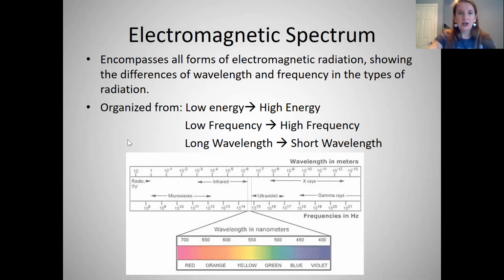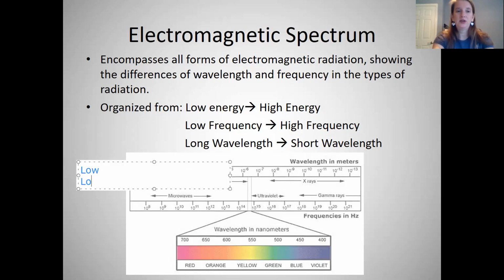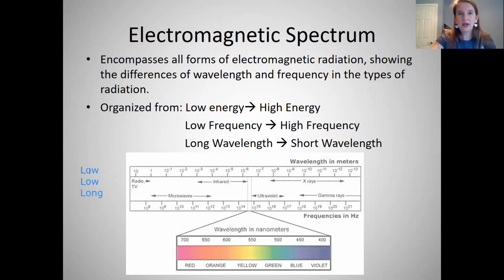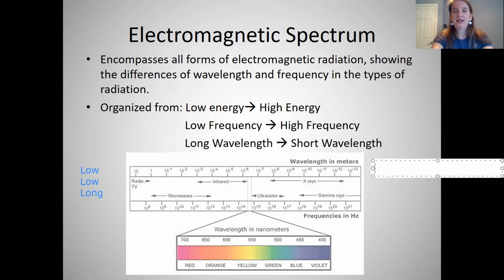Now the part here on the left, this is my low, long side. Let me go ahead and label this. Okay, I like to call this side my low, long side. That is my low energy, it's my low frequency, it's my long wavelength, okay? This side over here is my high, short side.